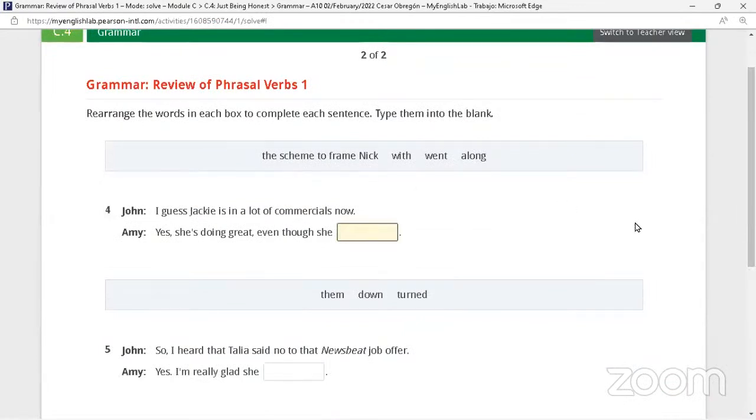Yes, she's doing great, even though she went along with the scheme to frame Nick.